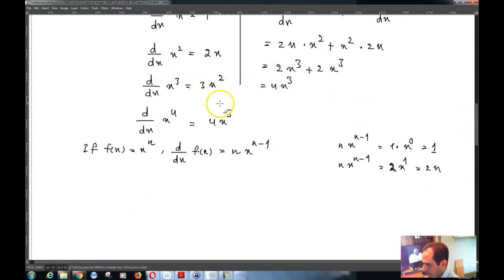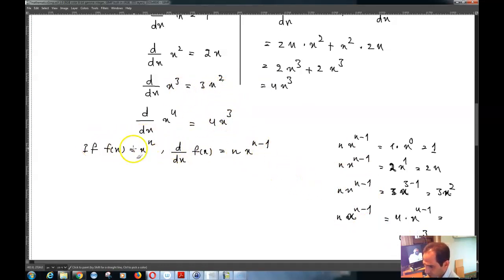In the case of this equation over here, n times x raised to the power n minus 1 is 3 times x raised to the power 3 minus 1, which is 3 times x squared. And over here, n times x raised to the power n minus 1 is 4 times x raised to the power 4 minus 1, which is 4 times x raised to the power 3, the same thing that we got over here.